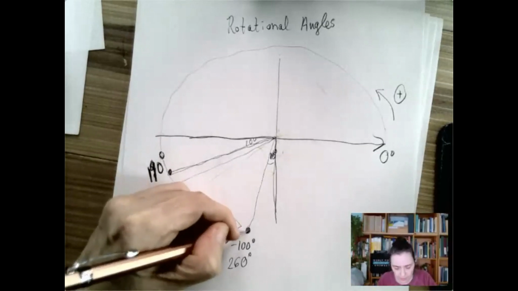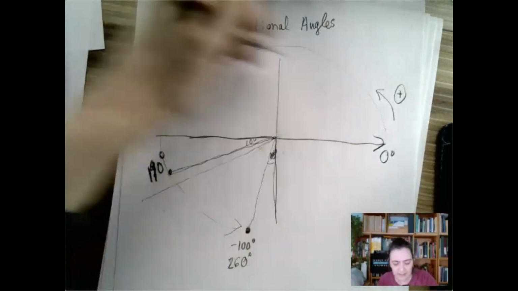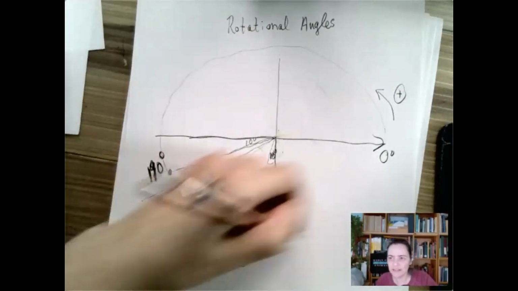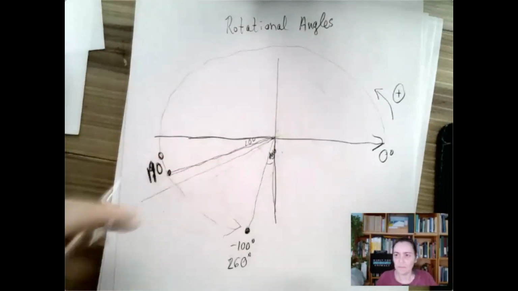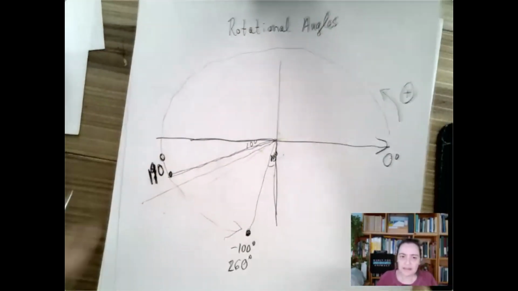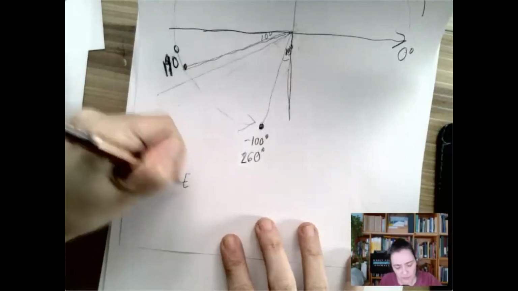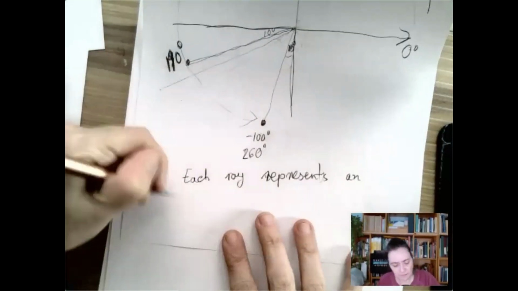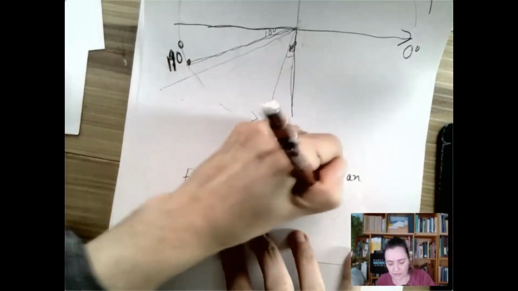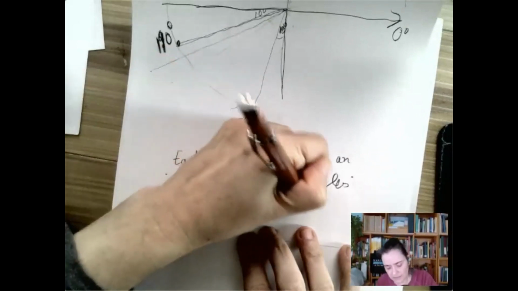This point could represent negative 100 degrees or 260 degrees, or add 360 to it, or add another 360, or start subtracting 360 degrees. Each point or each ray represents an infinite family of angles that differ by a multiple of 360 degrees.